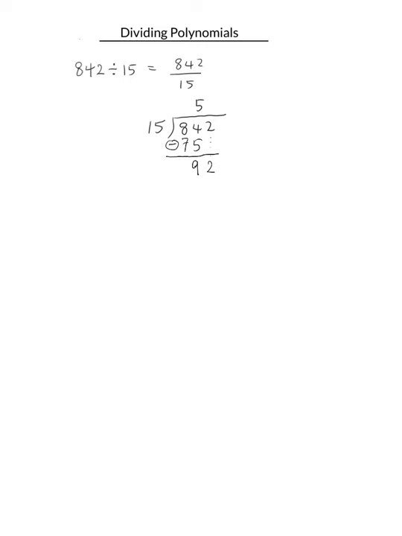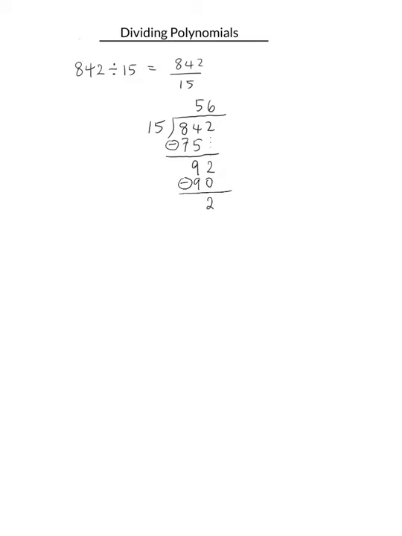So is it 6? And then you go 6 times 15, and you'll write your result underneath 92. So here, what's 6 times 15? That's 90. And then you will subtract, right? But that's the same thing as changing the sign on the bottom, and then you add vertically. So the remainder is going to be 2.